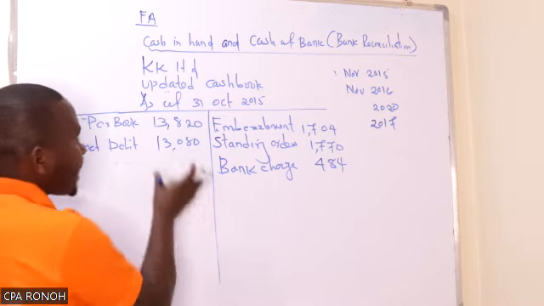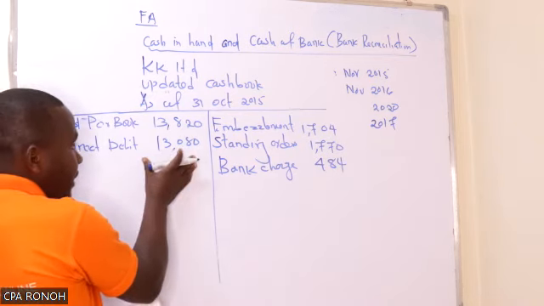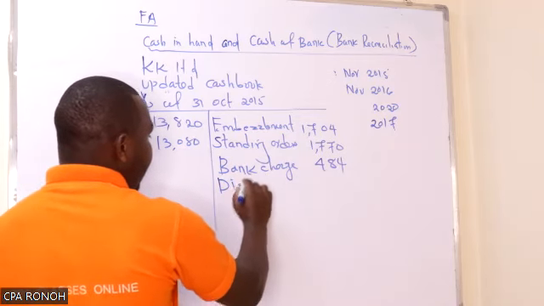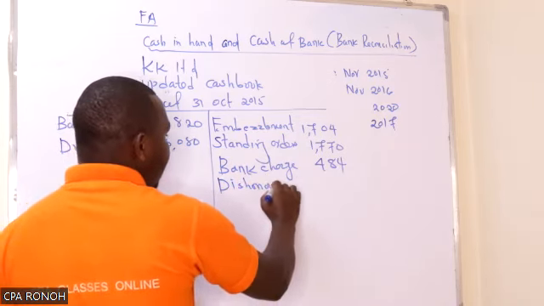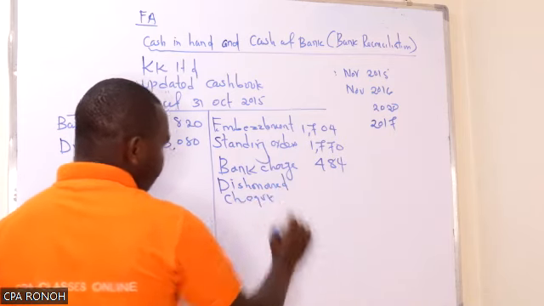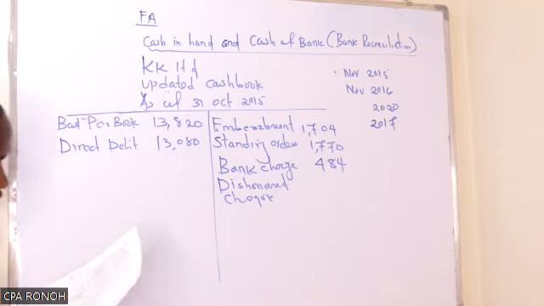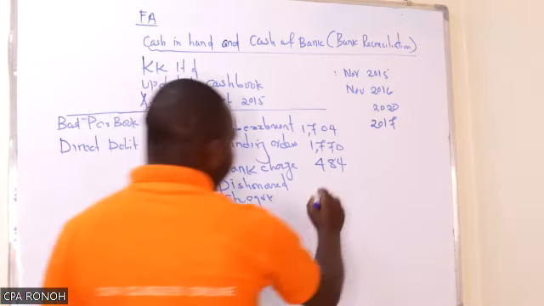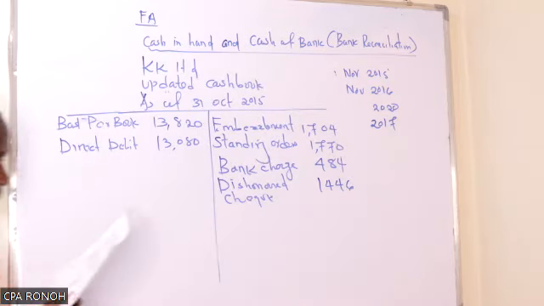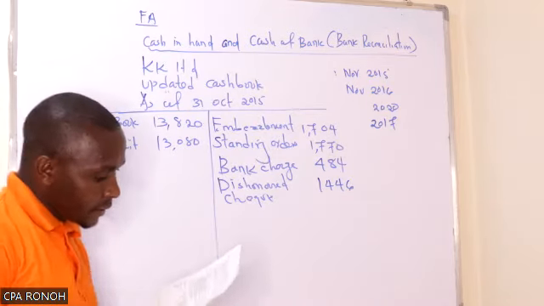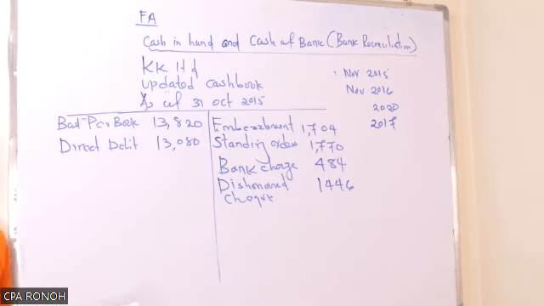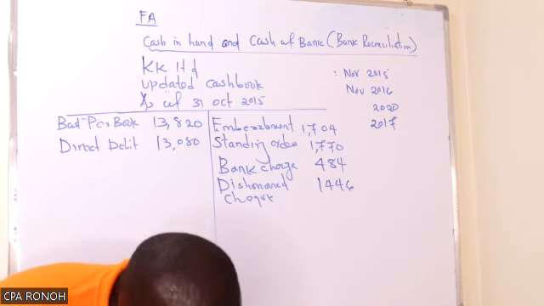So we need to adjust it, remove it from the debit by crediting that amount. Here we write a dishonored check of 1,446. Then do we have anything that is affecting the cash book? That is affecting the cash book.